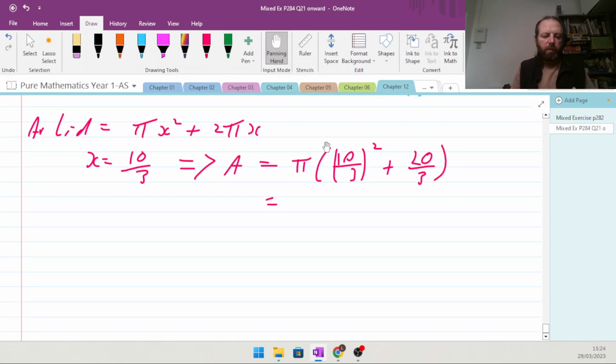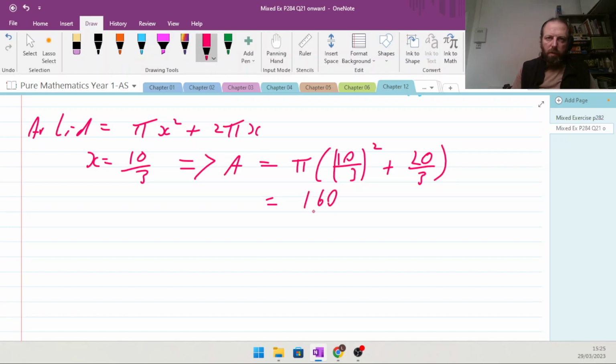Okay, so what does that give us? 10 over 3 squared plus 20 over 3, which is 160 over 9 pi. The total surface area of this thing is 80 pi. We were told that at the beginning.